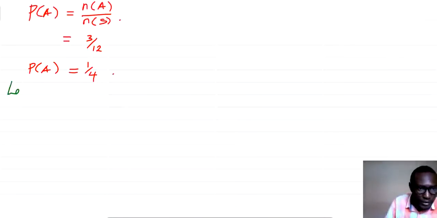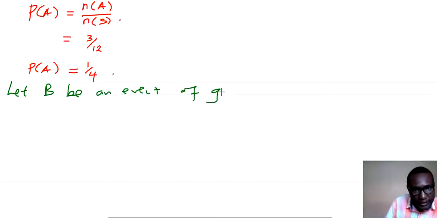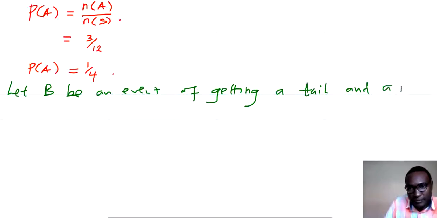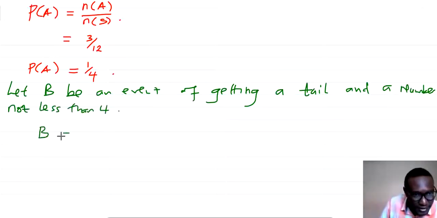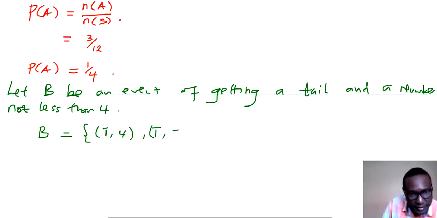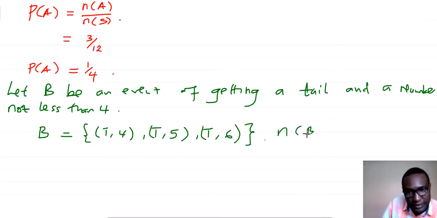So we say let B be an event of getting a tail and a number not less than 4. Now B is going to be a set which has tail and a 4, tail and a 5, tail and a 6. Consequently, the number of elements in set B is equal to 3.